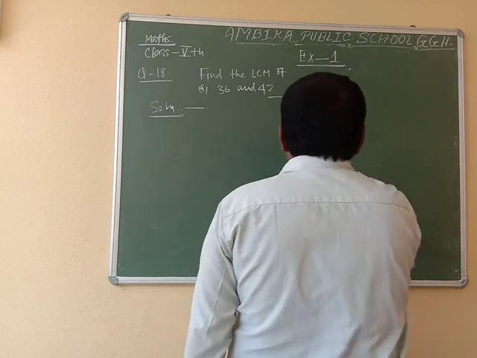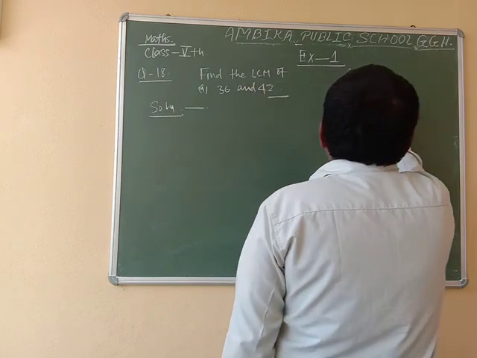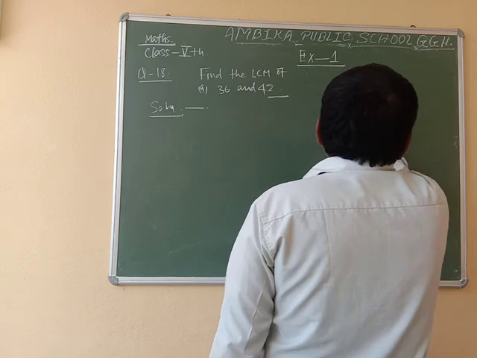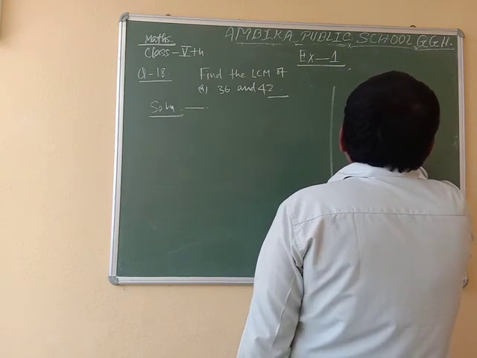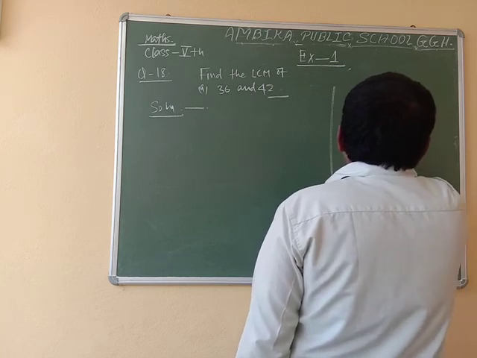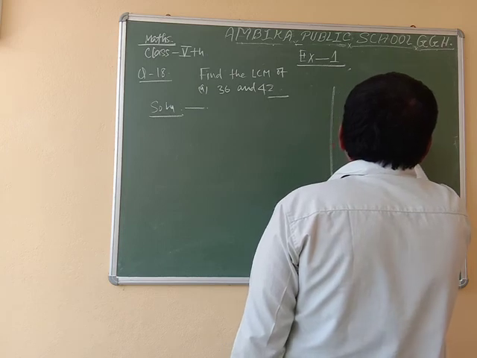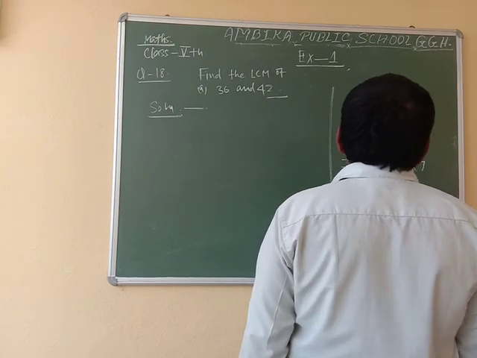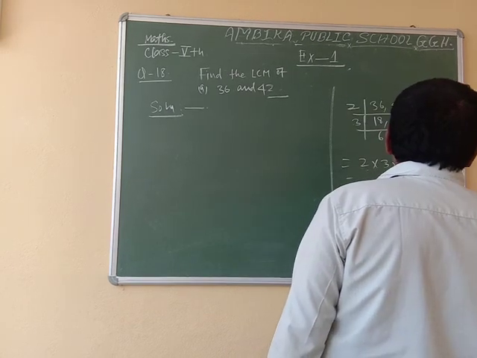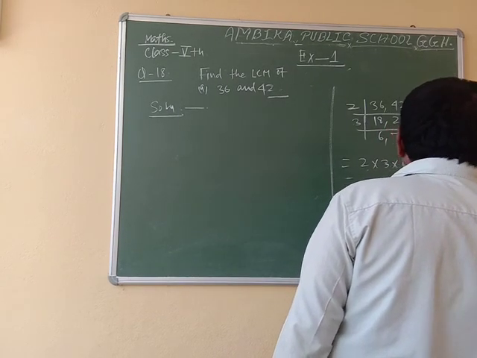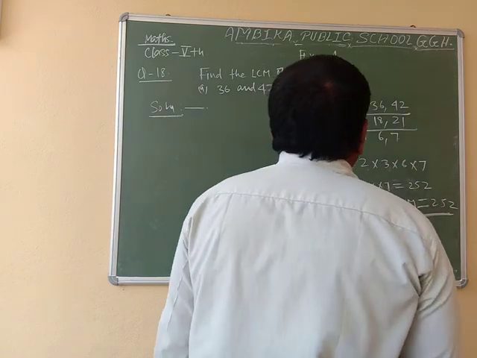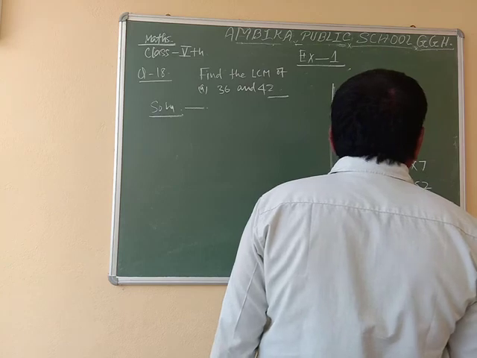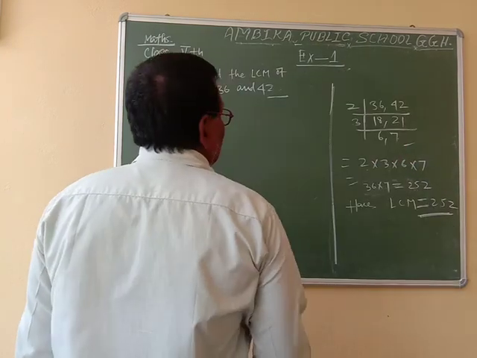By the general method, you know, for LCM of 36 and 42 we write the numbers and divide by 2. You can solve by this method.